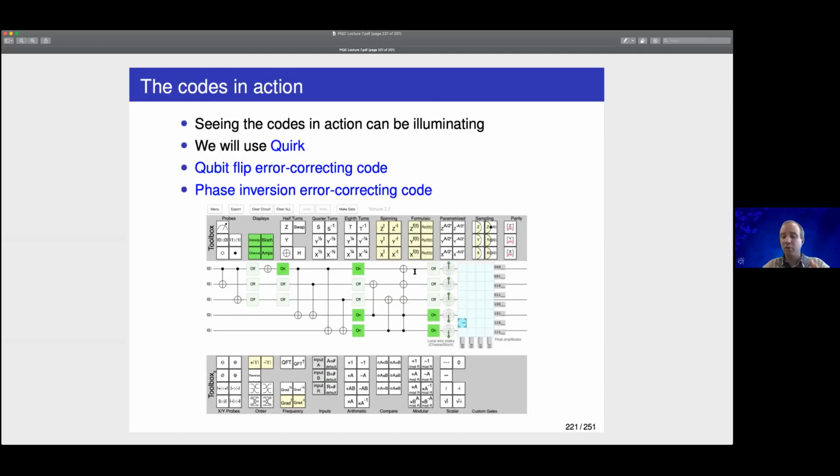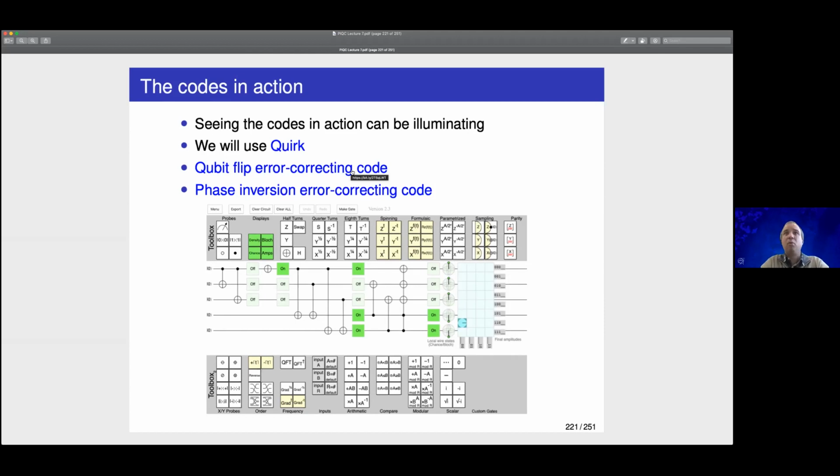Okay, so I think the best way of seeing what is happening here is to have a circuit implementing these quantum error correcting codes, cause an error in some of the qubits, and see what the syndrome is and how we can correct that in that situation. So I'm going to use Quirk in this case because it's very visual.